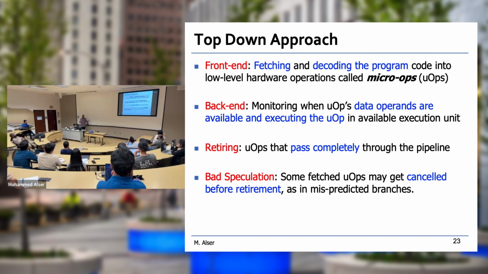Of course, whenever we talk about prediction, there are always some wrong guesses and some correct guesses. And that's what we call bad speculation. If the instruction was not fully completed, meaning that it was executing, but I realized late that it was a bad prediction, let's cancel the entire branch and move to the next branch because that is the correct one.